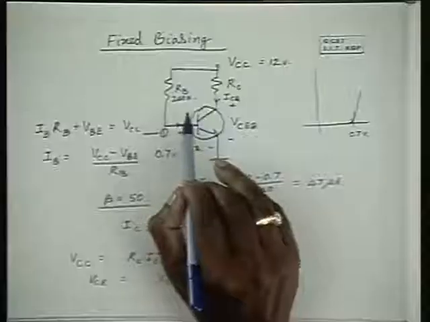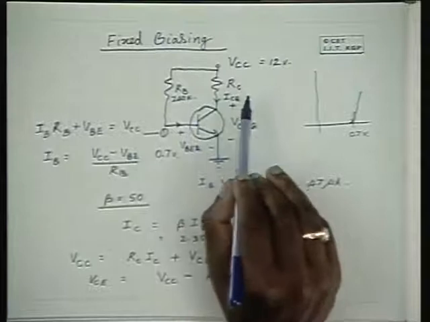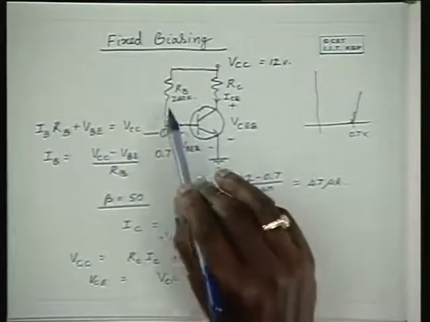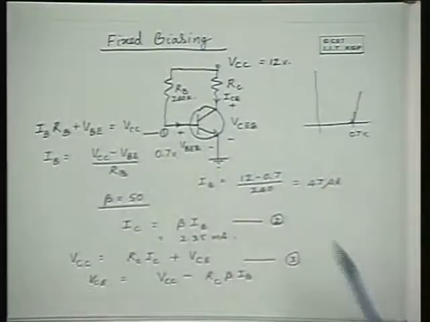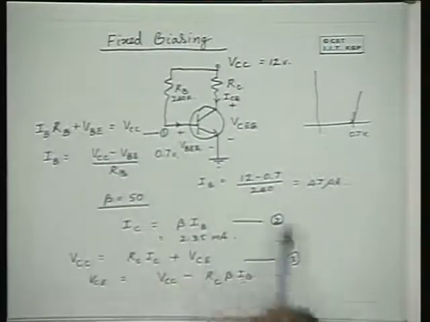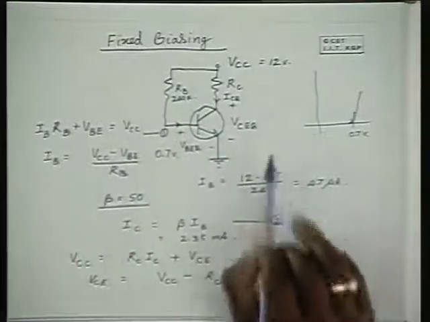As a design, when you are required to design the circuit, the Q point is given to you and you have to find the circuit parameters. You have to find what circuit to use and what are the values of the resistances, etc., to be used. So the design procedure is a reverse operation. This equation and this equation govern the circuit.